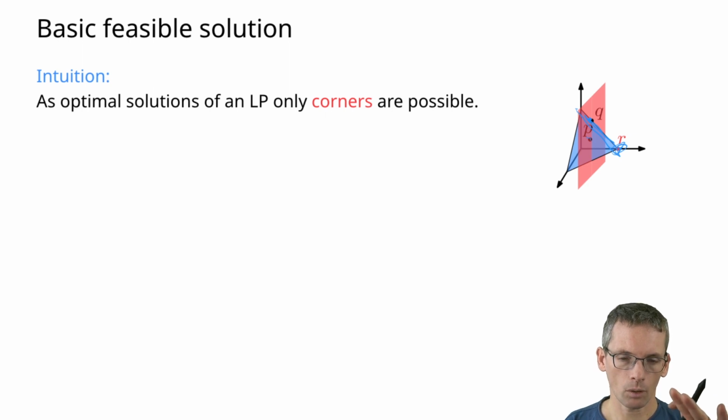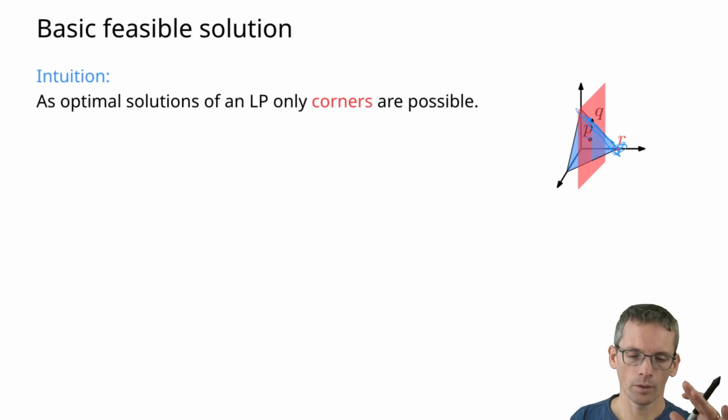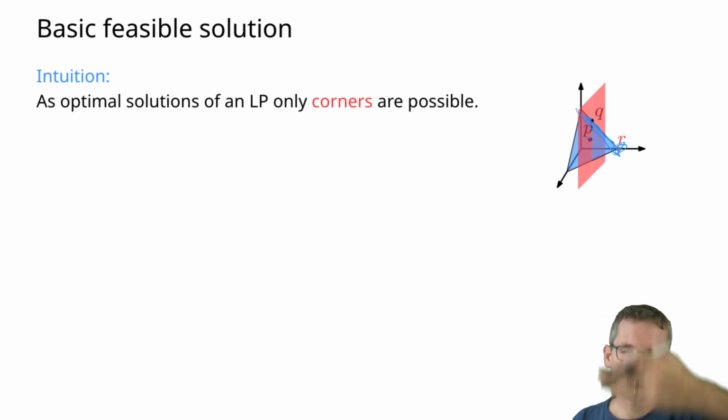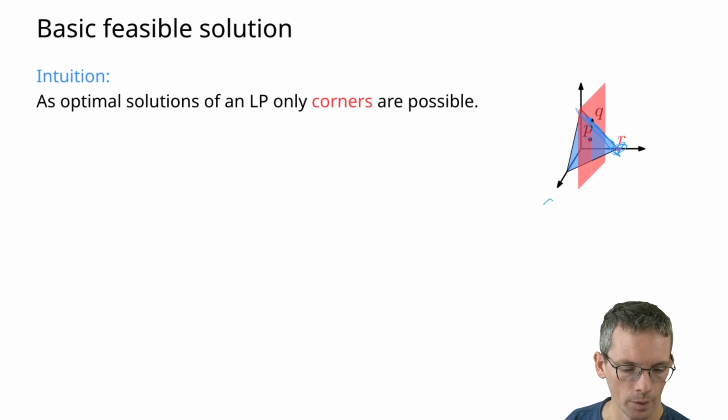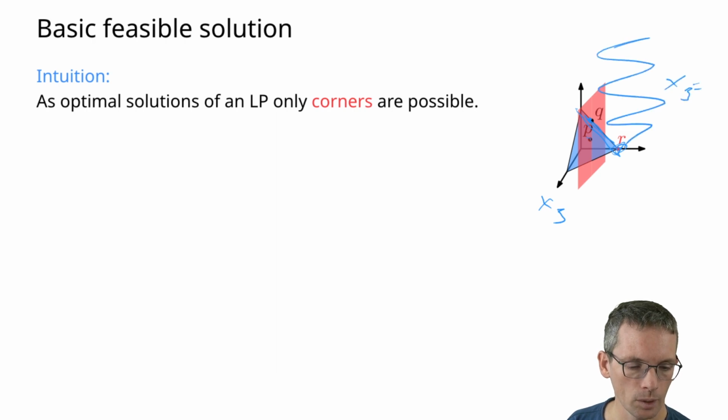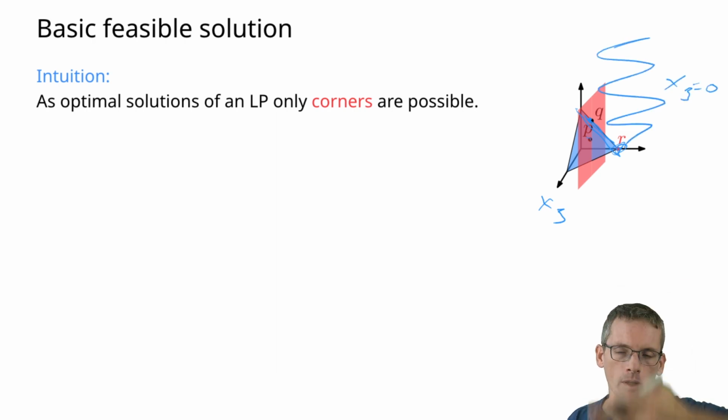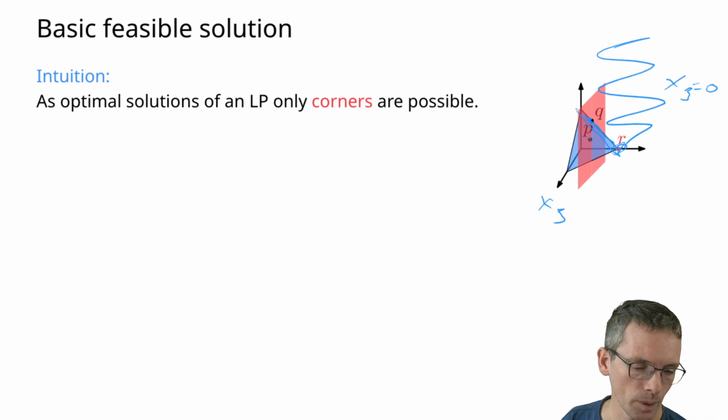Now to get a corner from this, the corners must lie on the sides of the octant. So cutting with the side of an octant, let's call this x3, the x3 equals 0 plane. Cutting the subspace with this plane gives me actually this line here.